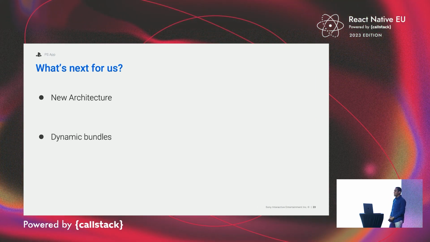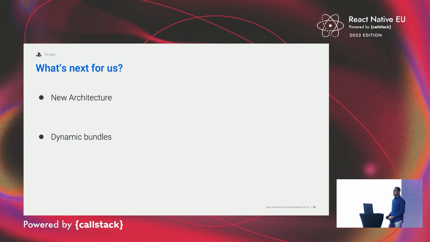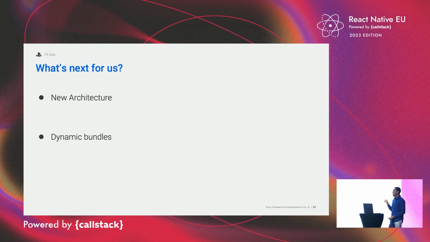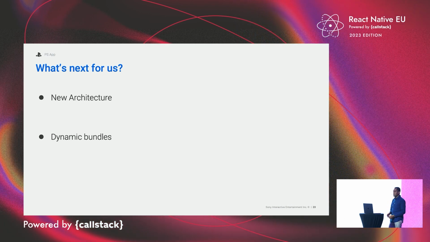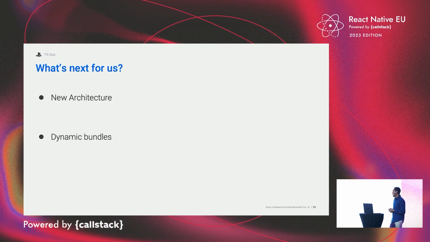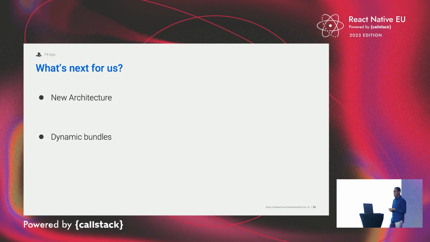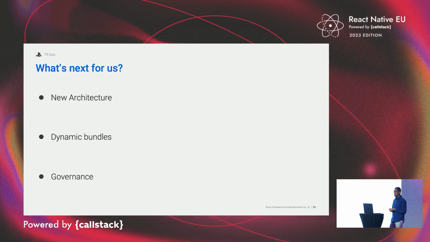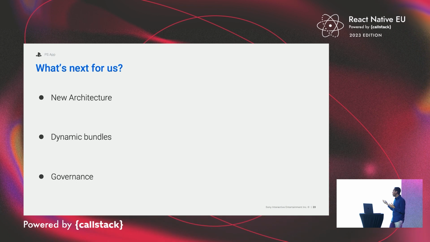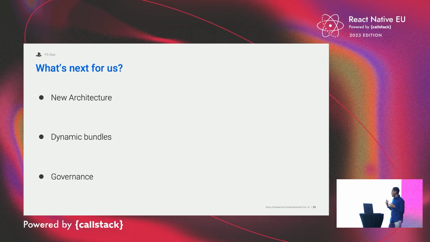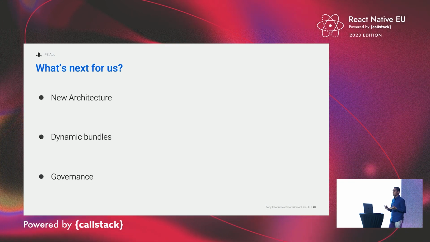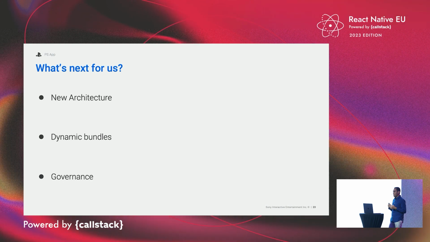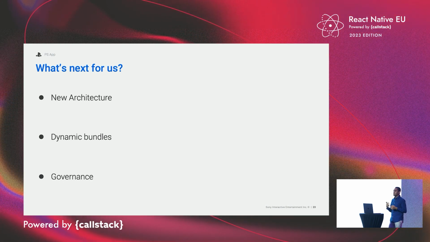We also want to make it easy for users to only have the features that they're most interested in or that they use the most in their app at a certain point of time. We also want to improve our governance so that the teams that are onboarding or the teams that are trying to bring new features into the app have an easier way into building those features.